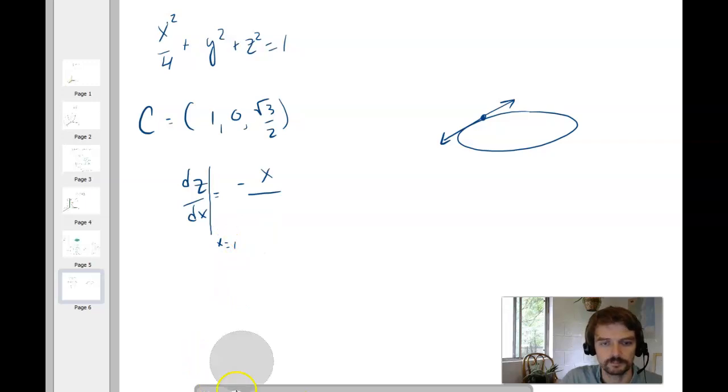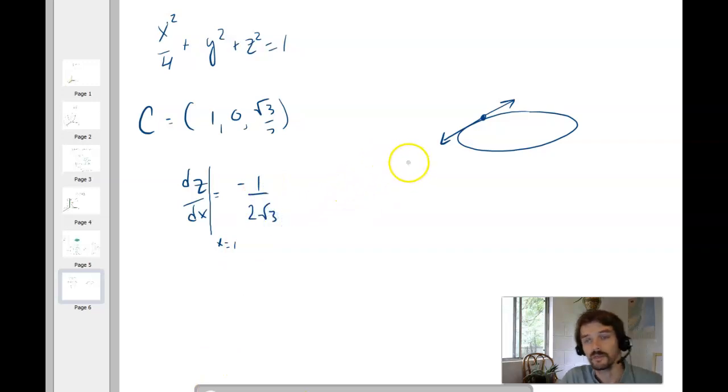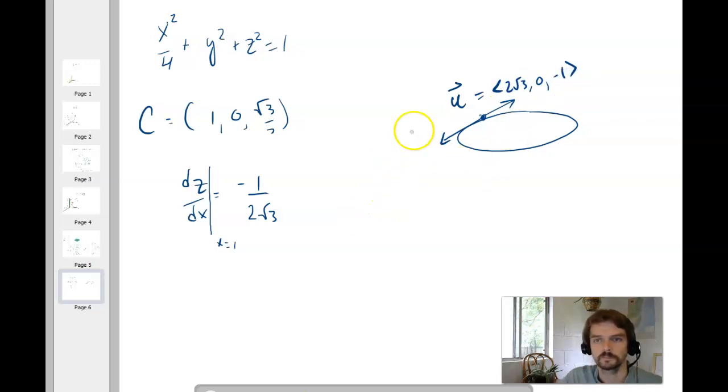That was helpful because it told us that this vector, I'll call it u, had a slope of, well, when z changes negative 1, x changes 2 root 3, right? So rise over run: 2 root 3, 0, and negative 1.